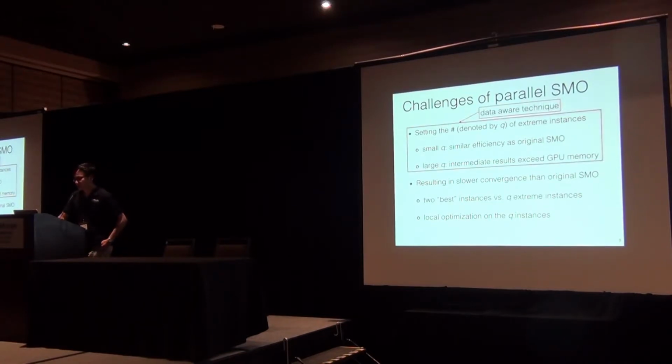So our key ideas for tackling these challenges are as follows. The first one is that we propose a data-aware technique. The key intuition is that we take the computation resources of a particular GPU and also the problem size, and then figure out a reasonable batch size automatically.